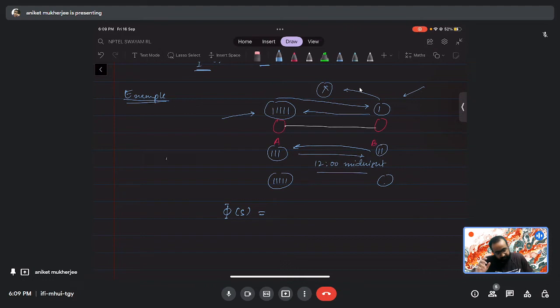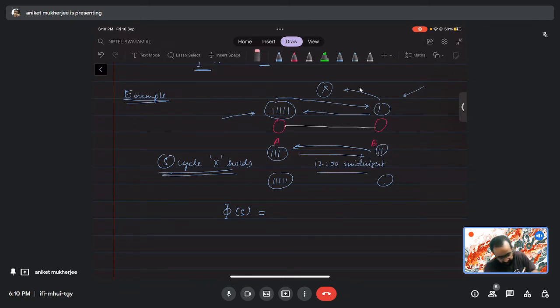Suppose there are 5 cycles that company X holds. What is one possible feature of a state?